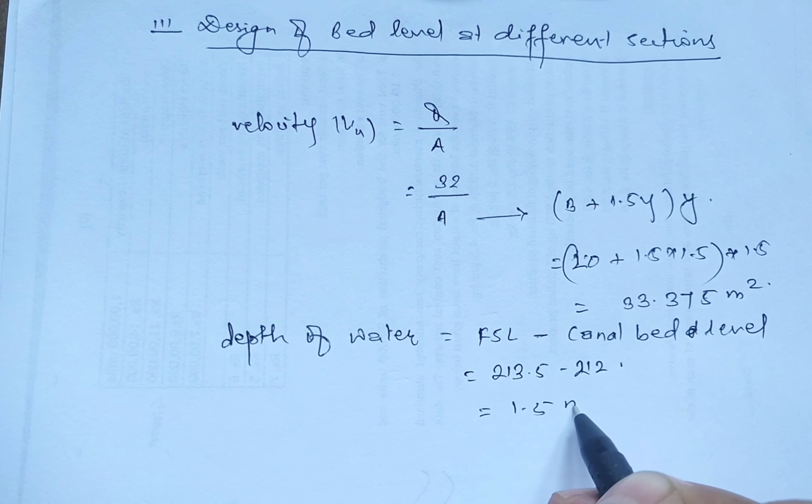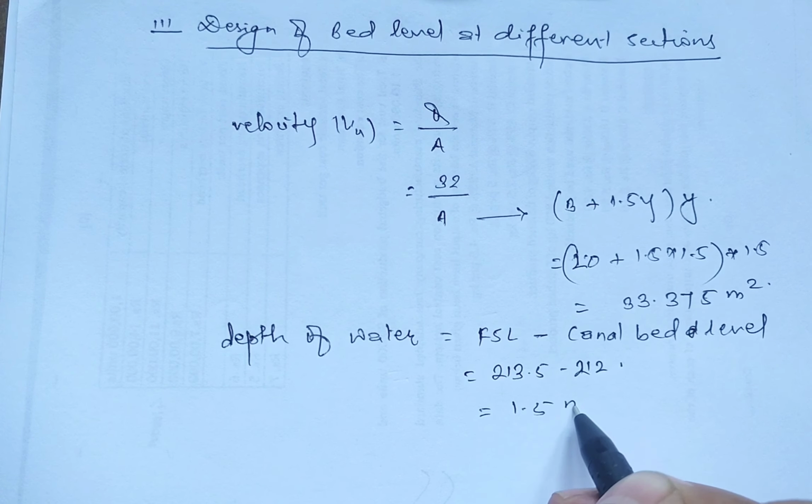After this, we'll calculate the velocity head, which equals v4 square divided by 2g, placing this value, divided by 2 times 9.81. On solving this, the result is 0.047 meter.